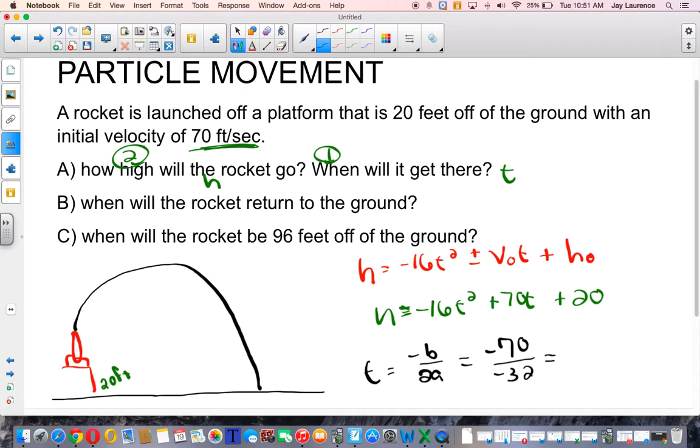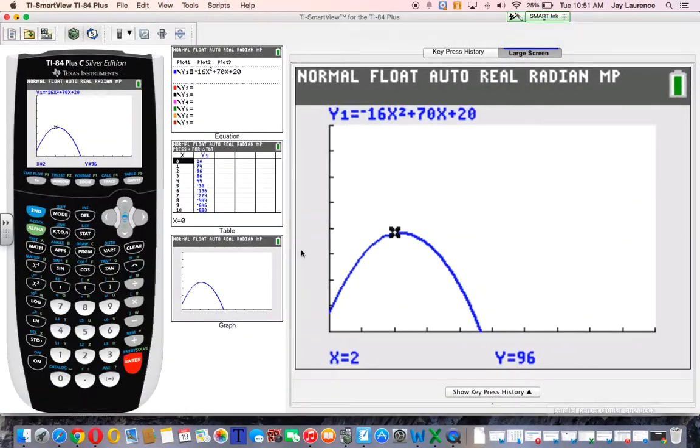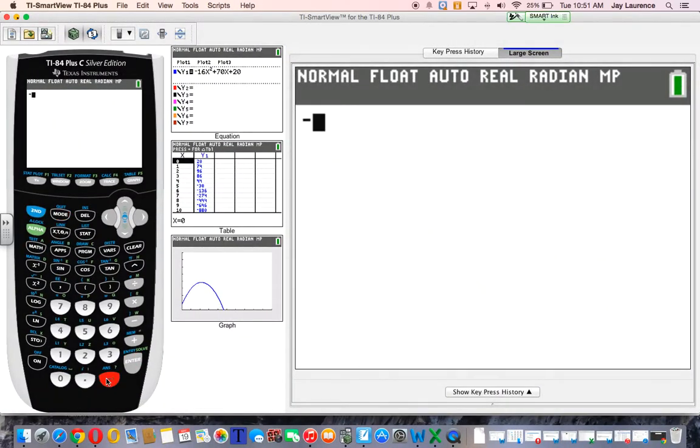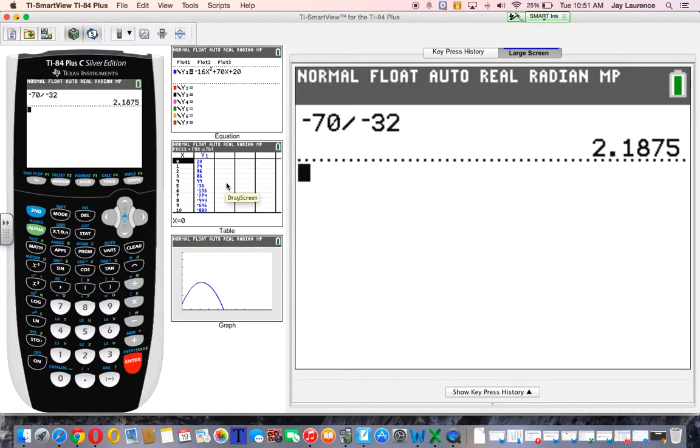Negative 70 divided by negative 32, and that would equal about 2.1875, roughly.